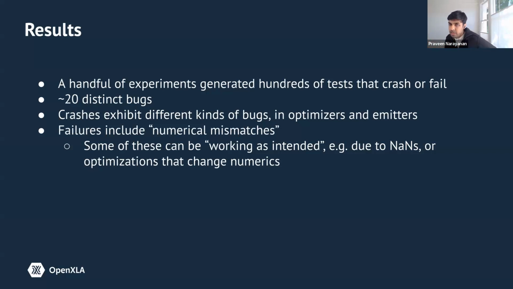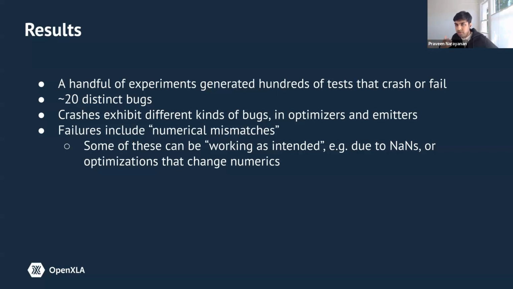It was pretty easy to generate hundreds of programs that crash or fail, and they map to roughly 20 different classes of bugs, and you often see bugs or gaps in assumptions about optimization passes or even lower level passes like emitters. And sometimes failures are not compiler crashes, but failures at runtime and during execution.